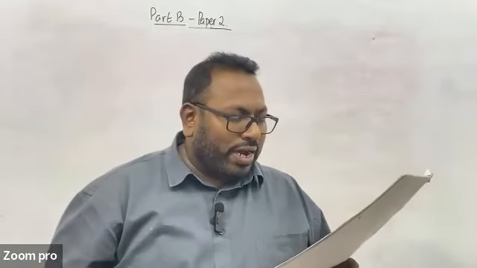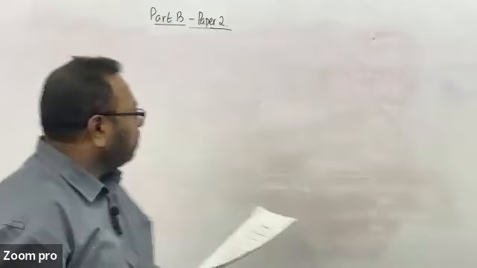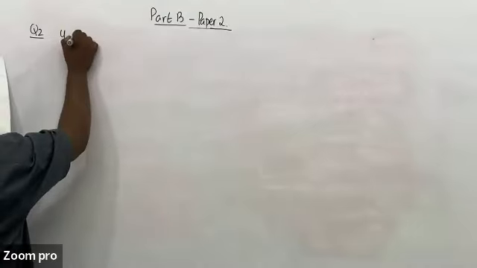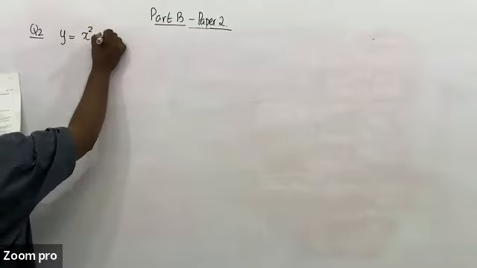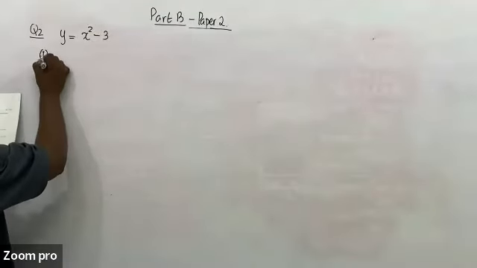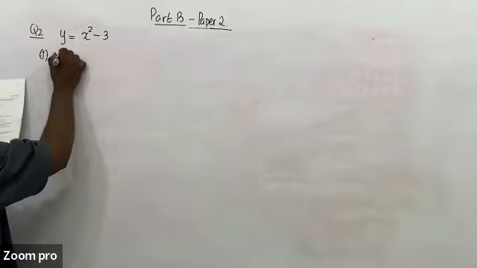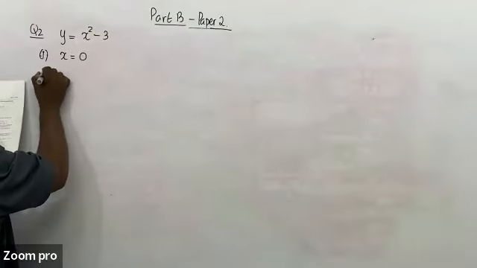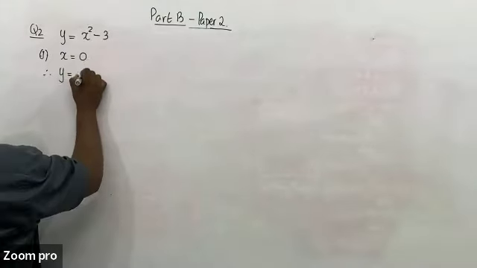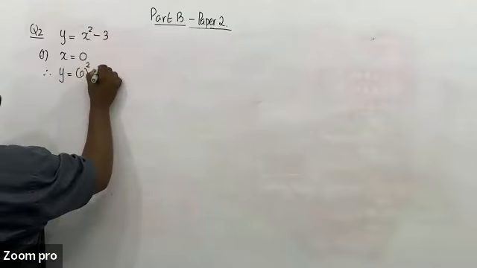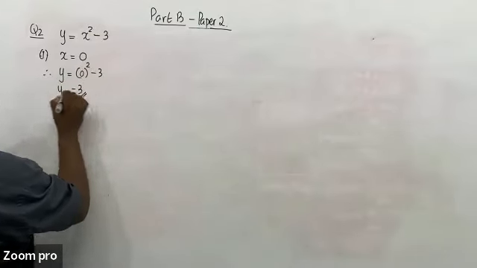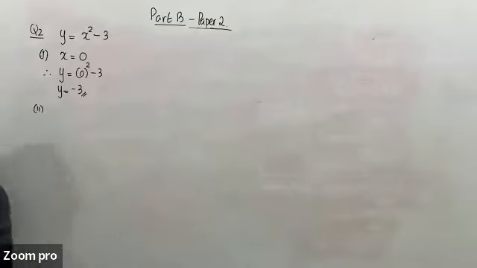Find the value of y when x is equal to 0. So your function is y is equal to x squared minus 3. When x is equal to 0, then y is how much? You substitute here, 0 squared minus 3. So y is equal to minus 3. That is your first part.